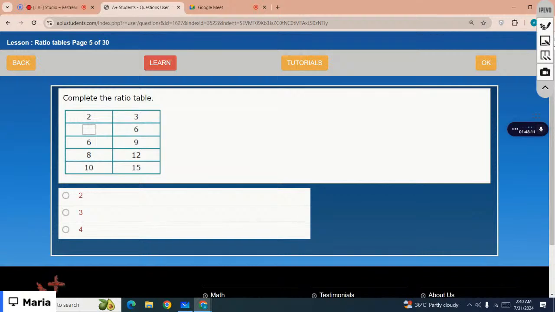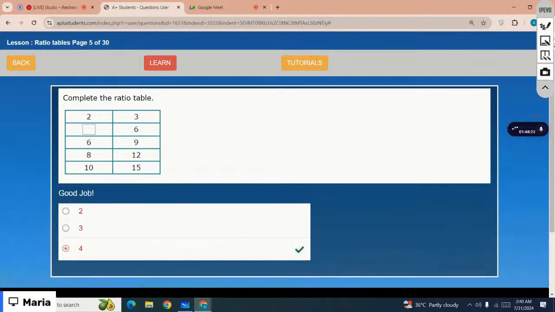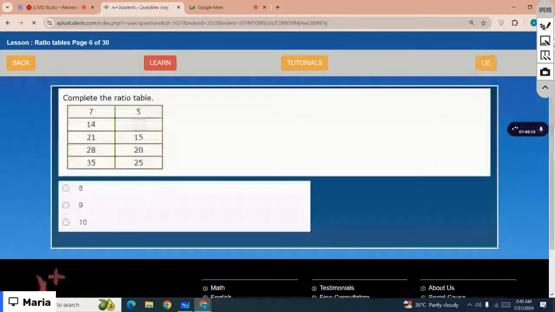The missing value is, very good, 4. The correct option is 4. Okay, the next one is complete the ratio table. So which value is missing?